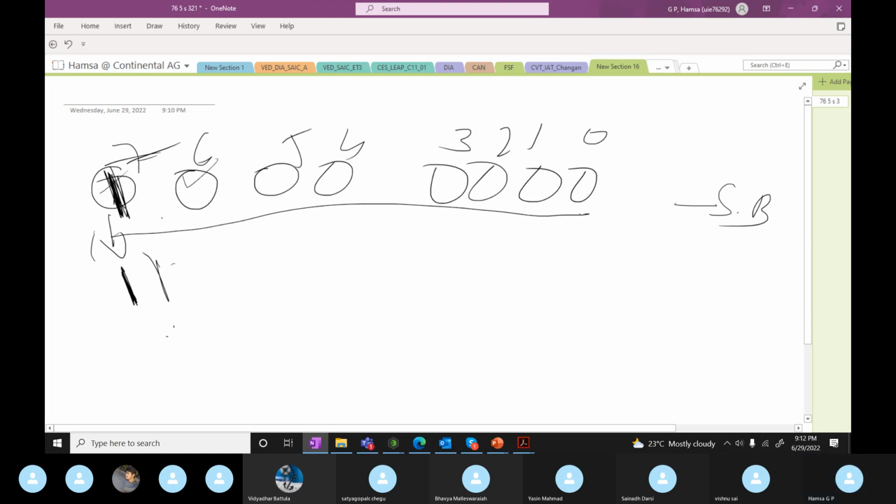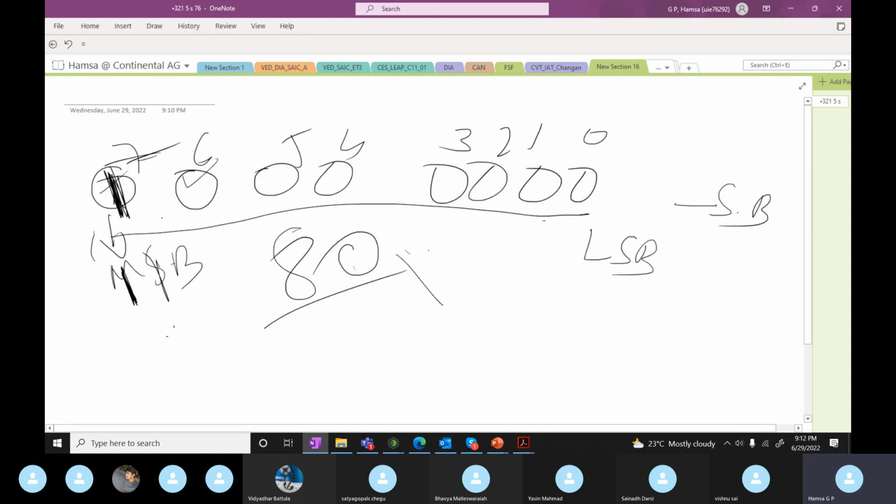Tell me in hexa. 1000 you call it as 8, right? So this is how it is in hexa. So wherever I was writing XX, if the warning indicator is high, then it will become 80.